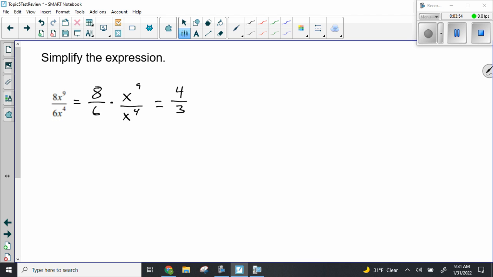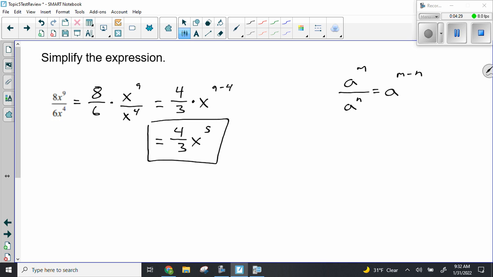The next thing I'm going to do is apply the rule that if I have some a to the m over a to the n power, that is, the bases are the same, then I can write this as a to the m minus n power. So let's go ahead and do that. That is times x to the 9 minus 4 power. Continuing on, I'll do that subtraction: 9 minus 4 is 5. And this would be my final answer.